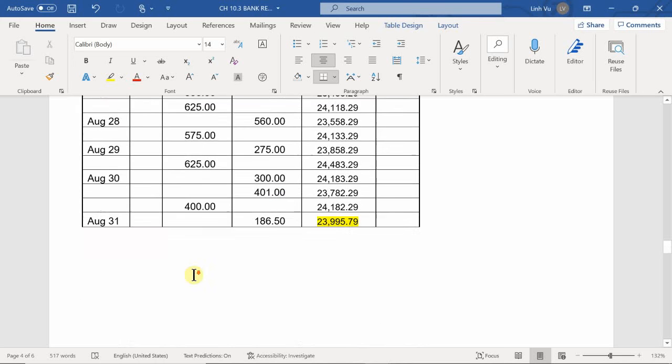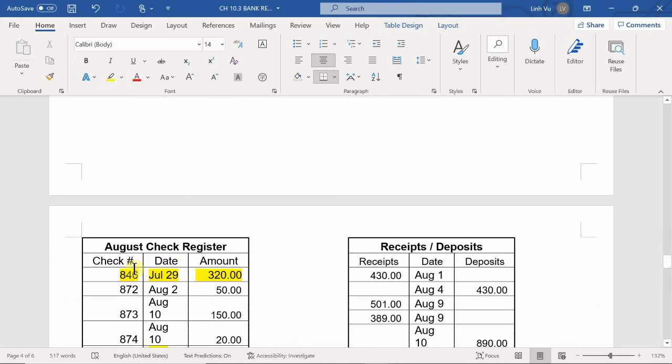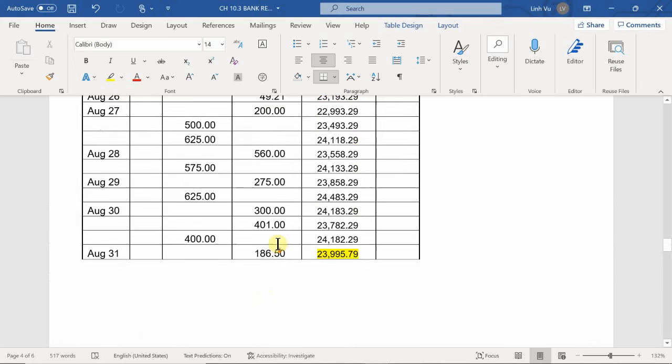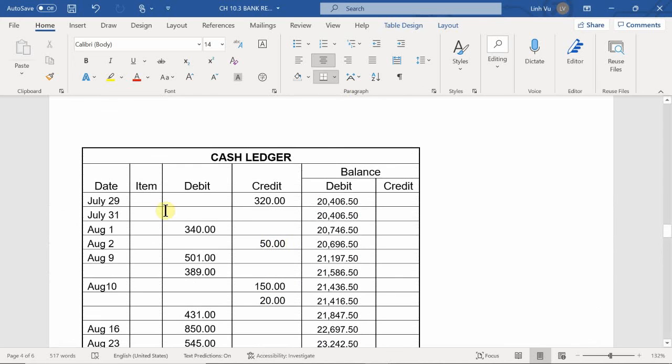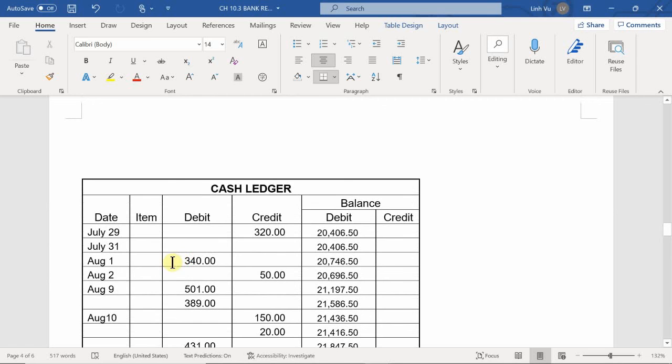We know that because it was the first check that we wrote out that still hasn't cleared. So we already acknowledged that it hasn't been taken out yet. We had to subtract it out from our bank account, so we already did that. That was correct.